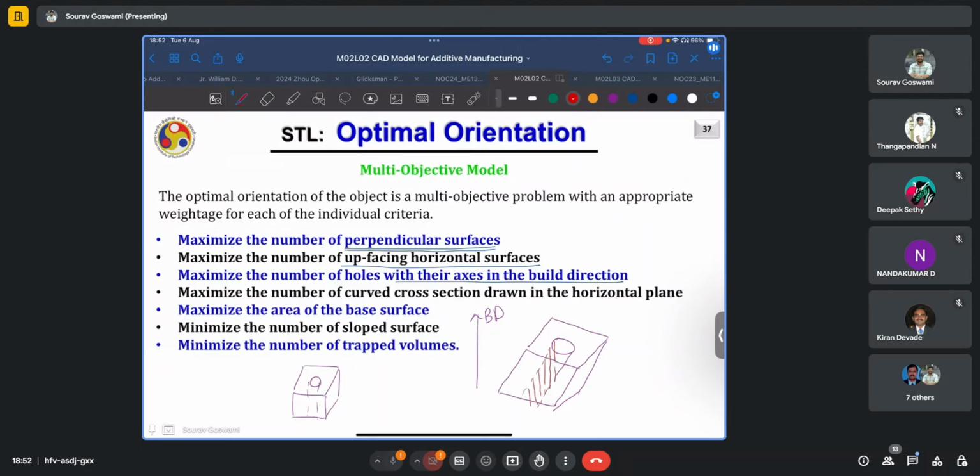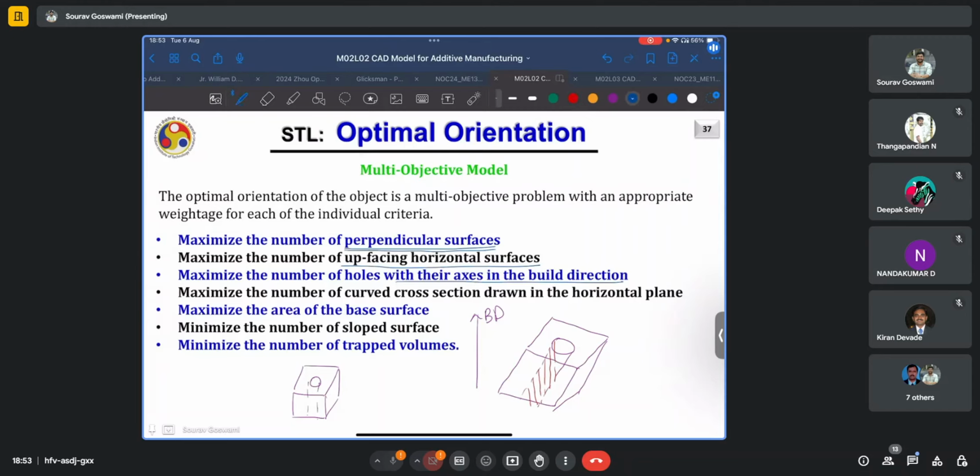And not only will it be tricky to maintain the exact geometry of your build, the removal of these support structures later during post-processing will also lead to poor surface finish on the internal circular surface of the hole, and machining it will require additional cost and effort. Thus, it is worthwhile to maximize the number of holes with their axis in the build direction.